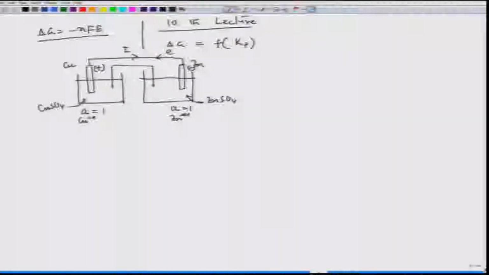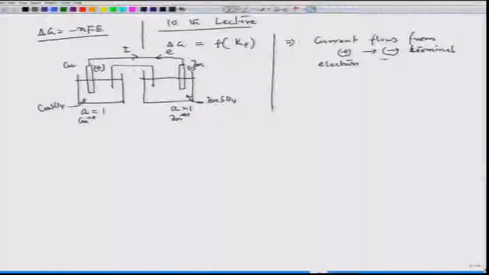Now, it is interesting to see that current flows from positive terminal to negative terminal, and of course, electrons flow the opposite way.